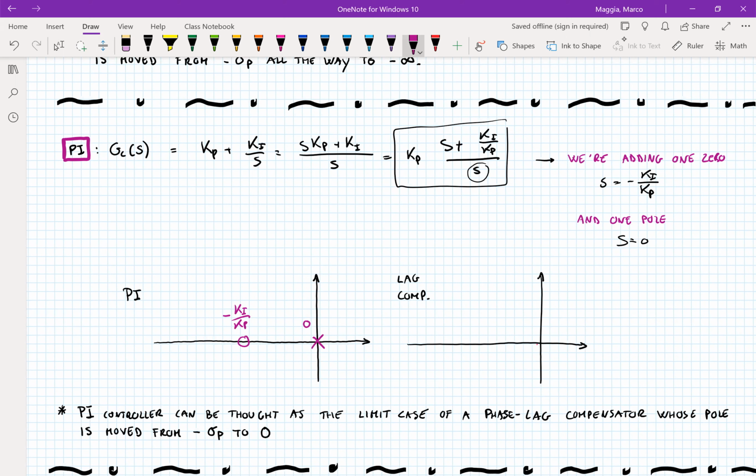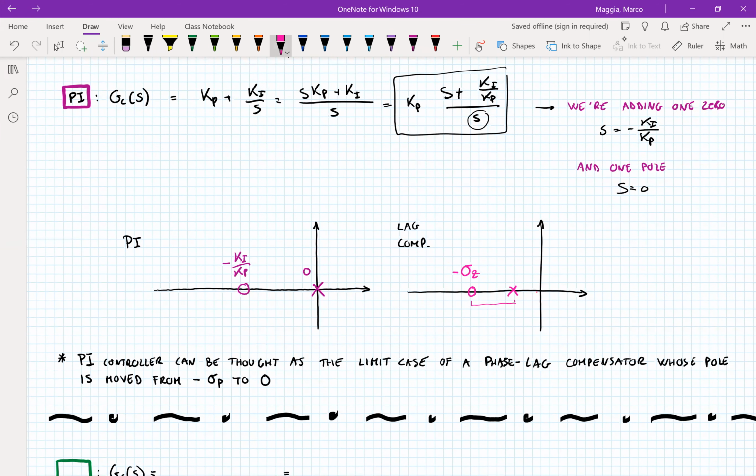A lag compensator had one zero to the left of the pole. Here I'm exaggerating. I told you last time that the zero and the pole should be very close to the imaginary axis, but here I just want to draw the parallel.